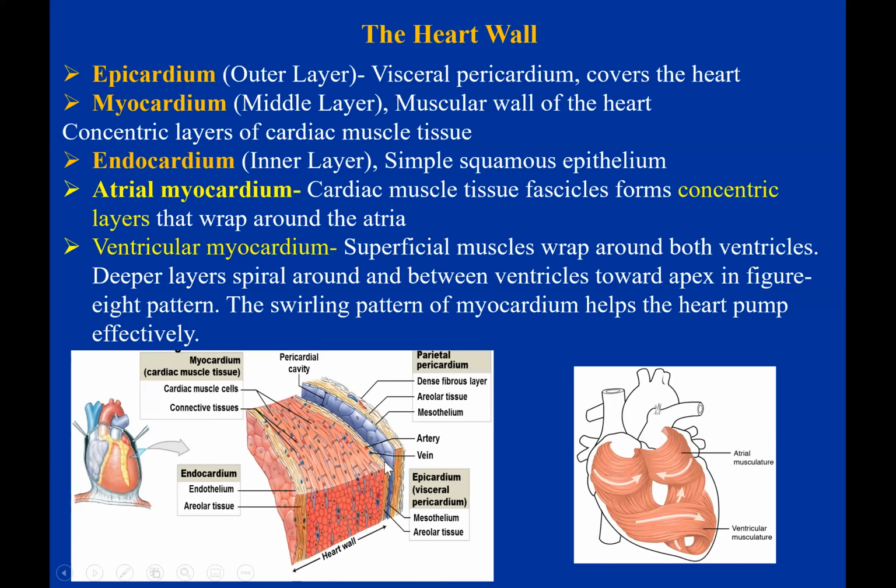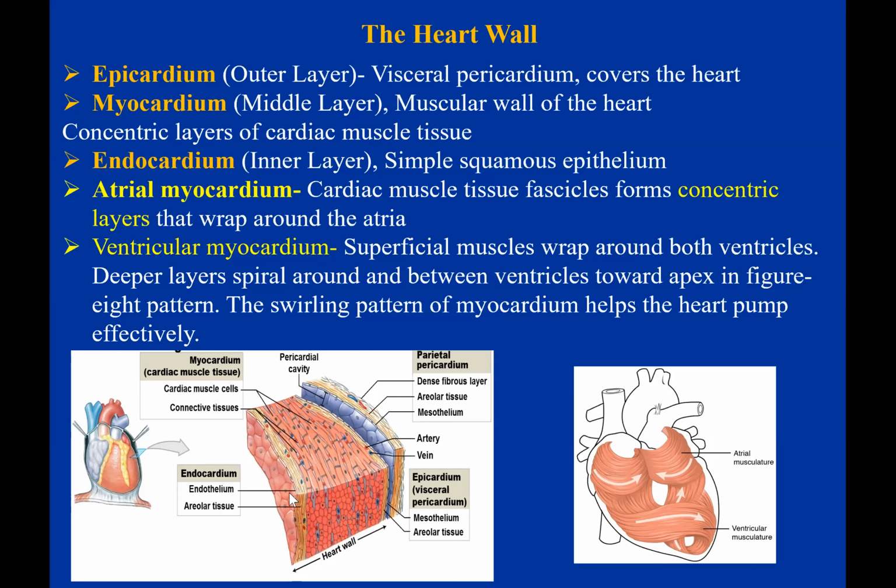And when you come to the heart itself, the first layer is the epicardium, which is called the visceral pericardium. Then it is the muscle layer, which is the myocardium. Myo means muscle, muscle of the heart. Cardium means heart. So we have a muscle layer with the protective connective tissue layer.